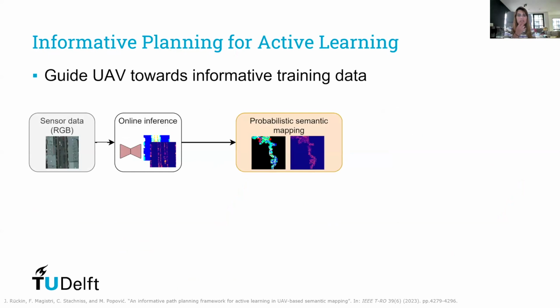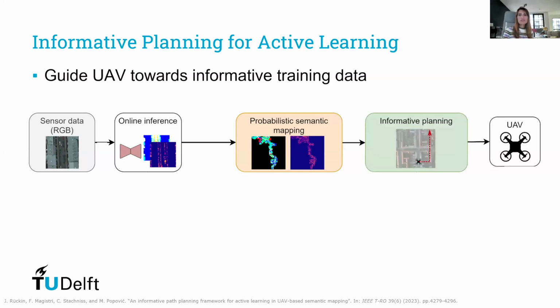Then, during the mission, we take these images and we project them onto the ground, assuming we know where the UAV is. And this way we can build global maps capturing these variables. So here you can see maps corresponding to the semantics on the left and the associated uncertainty on the right, where the lighter areas indicate regions of higher uncertainty.